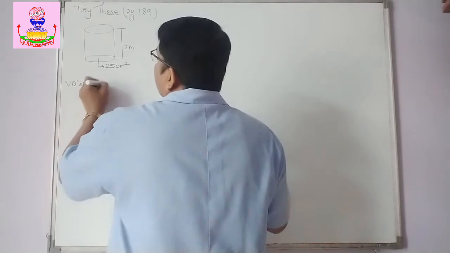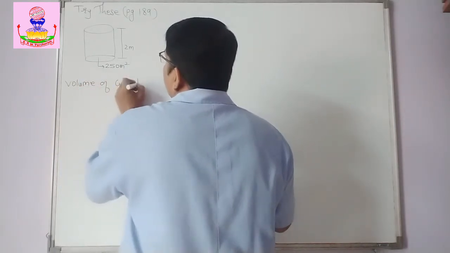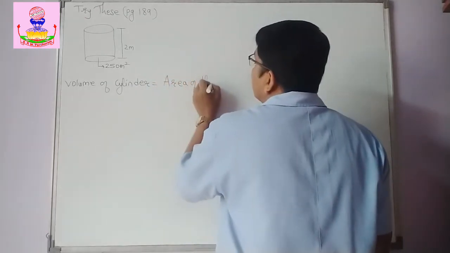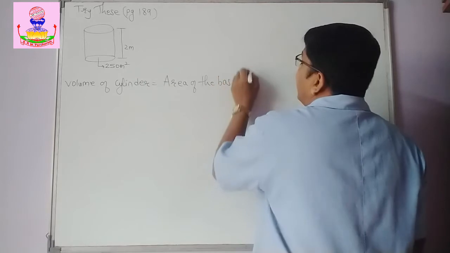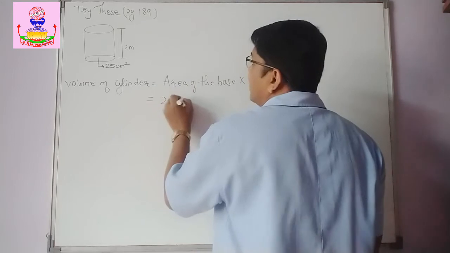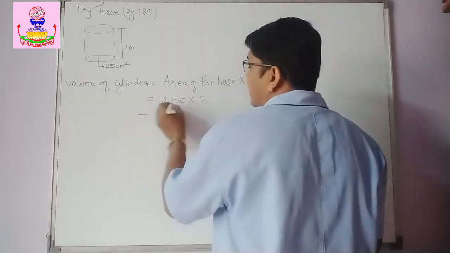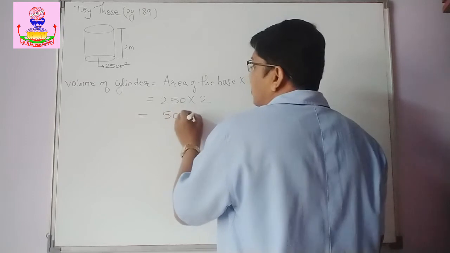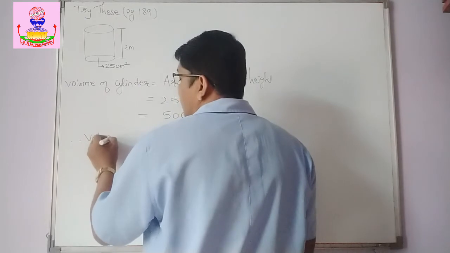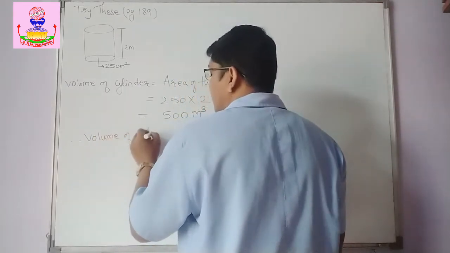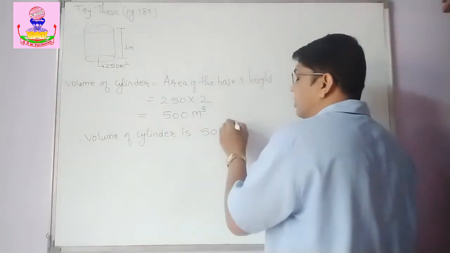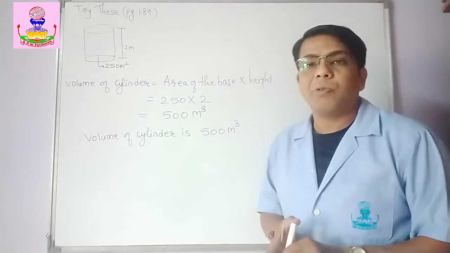So volume of cylinder here is equivalent to area of the base multiplied by height. Now area of the base is 250 multiplied by height is 2. So 250 into 2, 25 2s are 50. So 500 cubic meters. So volume of cylinder is 500 meter cube. Okay.